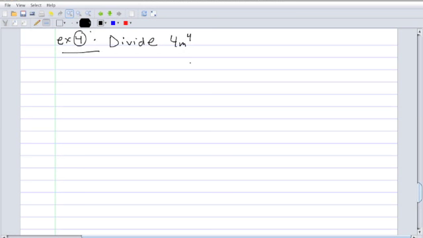Alright, let's try this again. Example 4. So we want to divide 4m to the power of 4 minus 23m cubed plus 16m squared minus 4m minus 1.